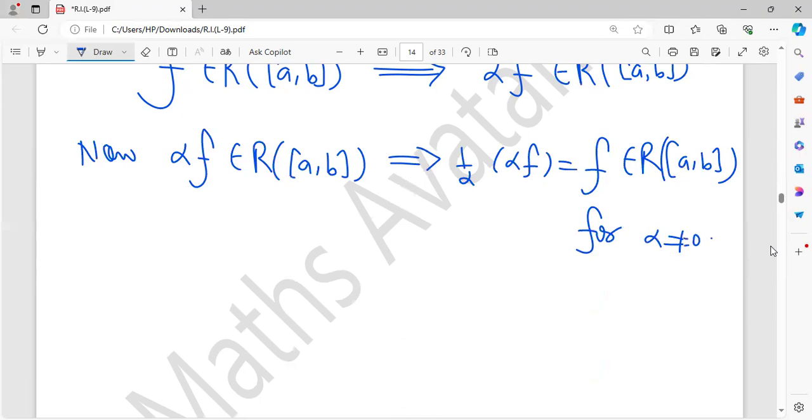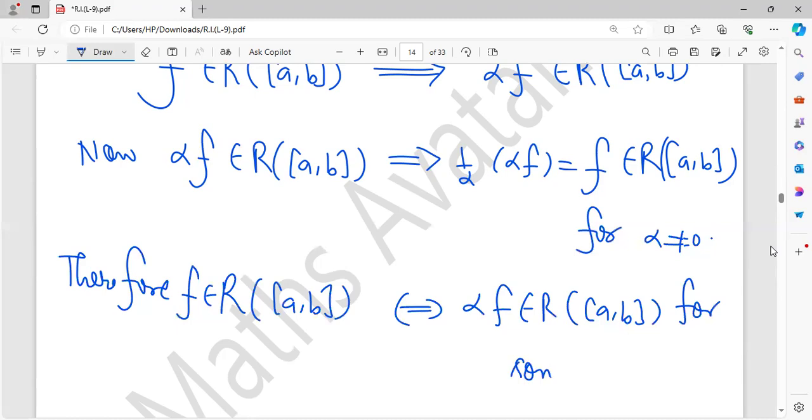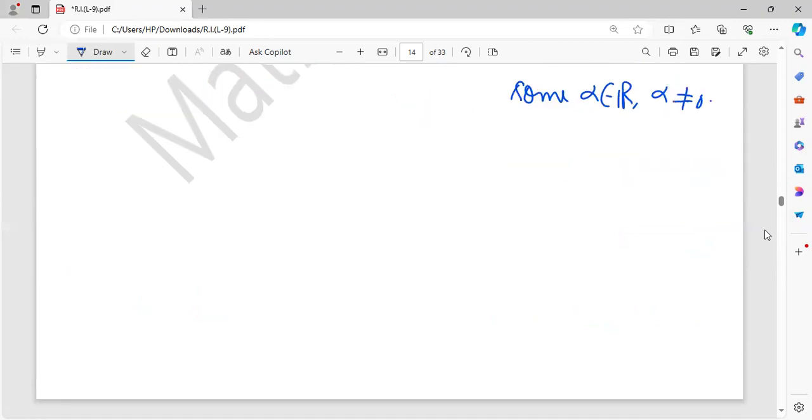Okay. Therefore, f belongs to R[a,b] if and only if alpha f belongs to R[a,b] for some alpha belongs to R, alpha not equal to 0.